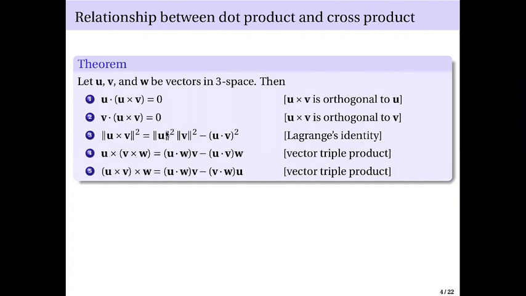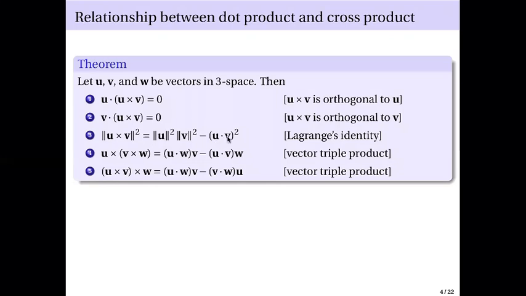So the norm squared of U times the norm squared of V are both numbers, and if you multiply them, it's just a number.